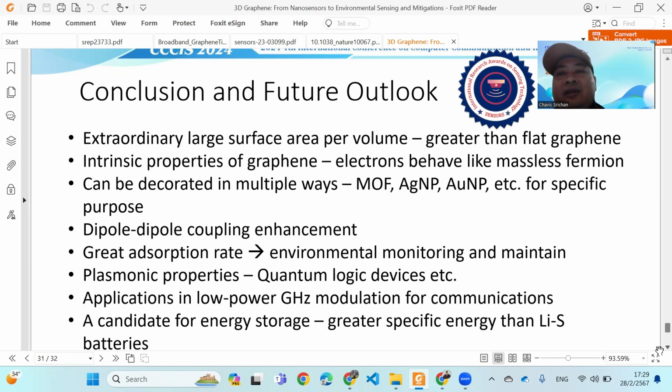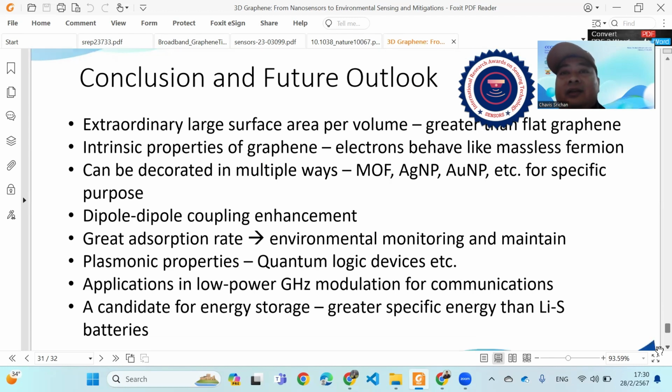It is a candidate. And for terahertz communication, we could use it as an optical modulator for very fast terahertz, with very low switching power, in the unit of femtojoule per bit. Thank you very much for the invited talk today.